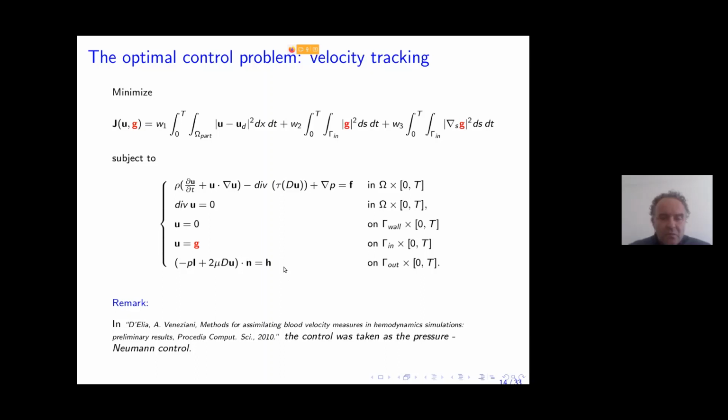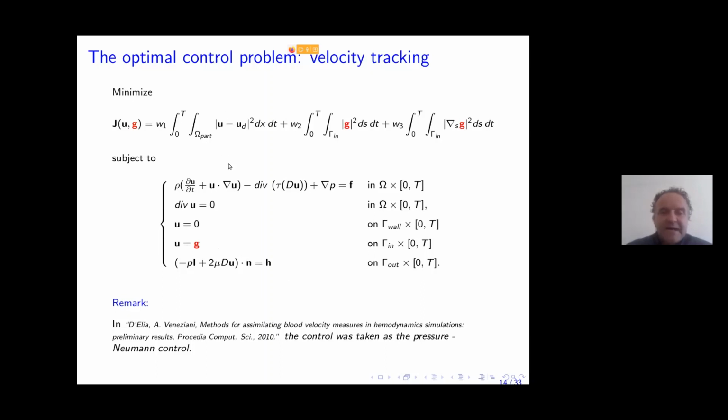And then we might know some pressure values or other information on some of the boundaries, but not on others. So we want to find what boundary conditions we should consider where we don't have information, in such a way that, for instance, if we have velocity measurements in some part of the domain, we can match them through least squares terms.